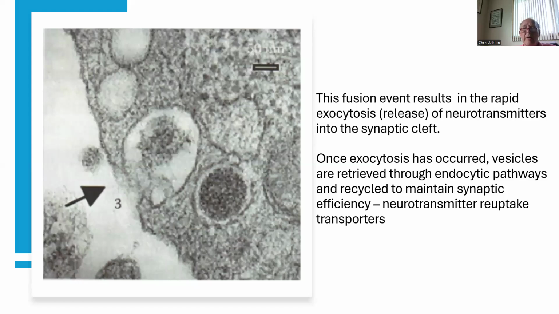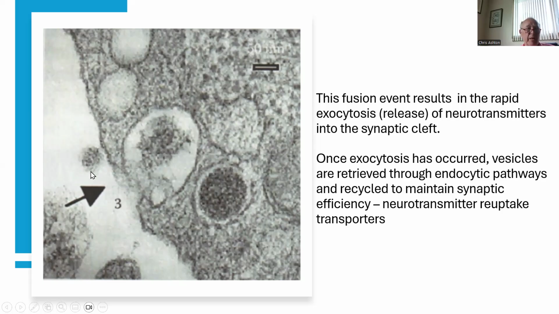And so here, this diagram illustrates, where the arrow is, again, an electron micrograph of this, shows the actual neurotransmitter vesicle fusing itself to the cell membrane here and really actually releasing contents into the synapse, such as here.